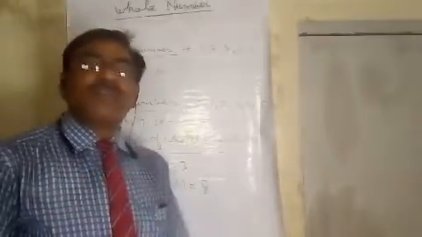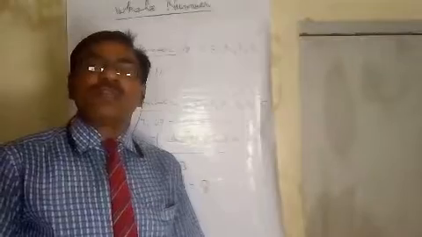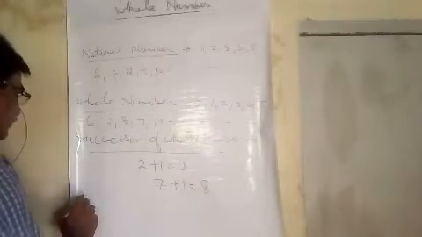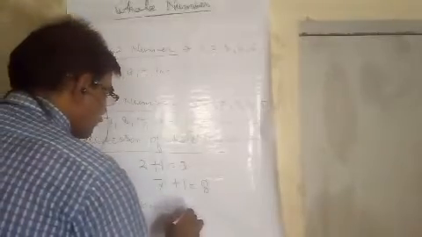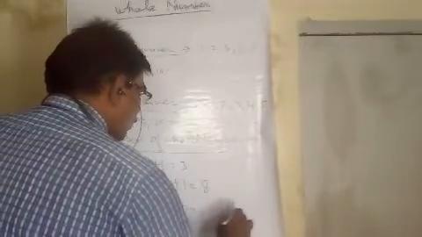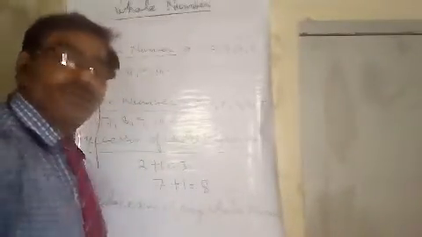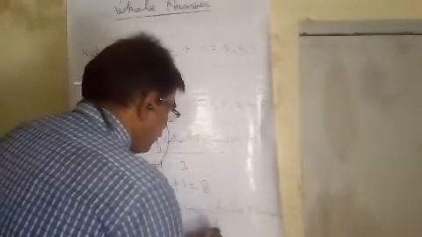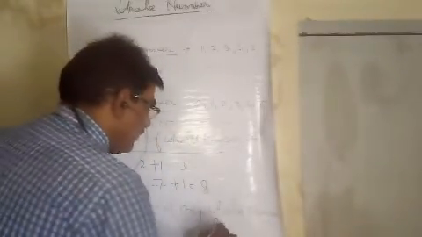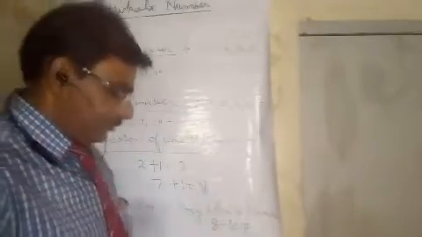Now how to find the predecessor of any whole number? If you subtract 1 from any whole number, we find the predecessor of that whole number. Suppose if you want to find the predecessor of 8, then we subtract 1 from 8, we get 7. 7 is the predecessor of 8.